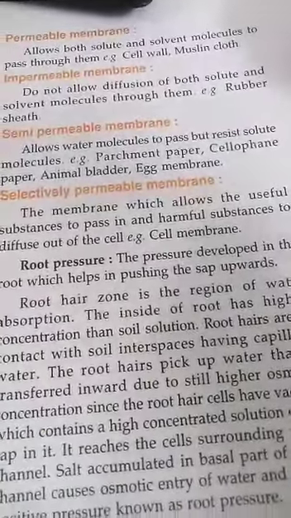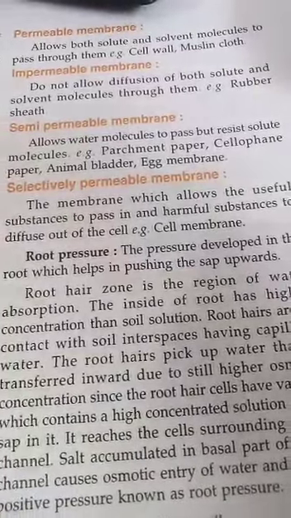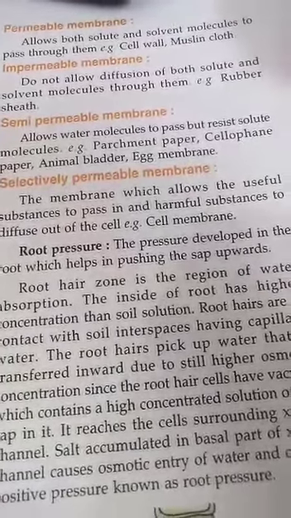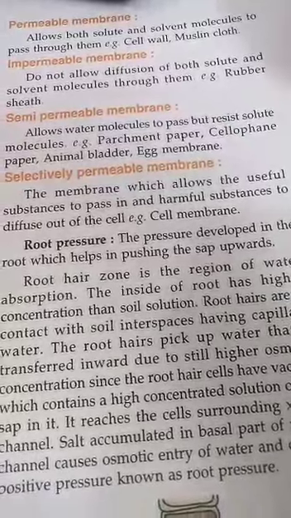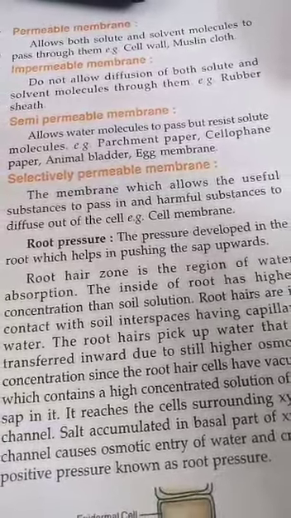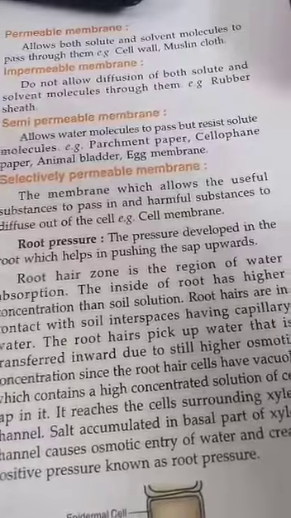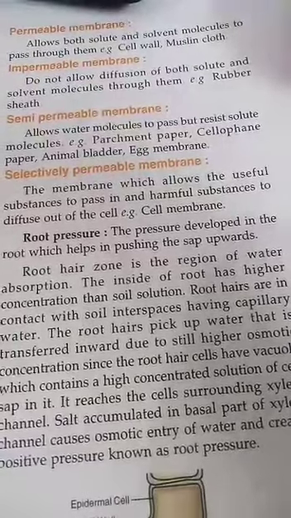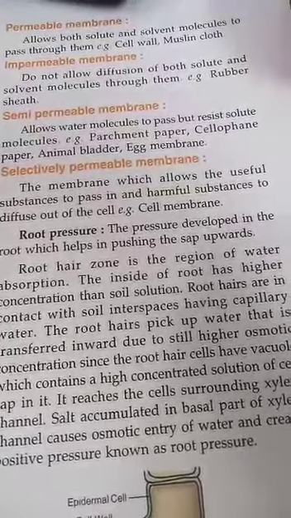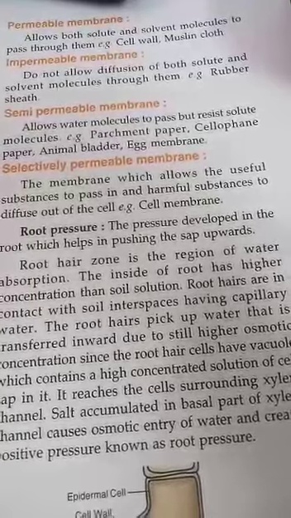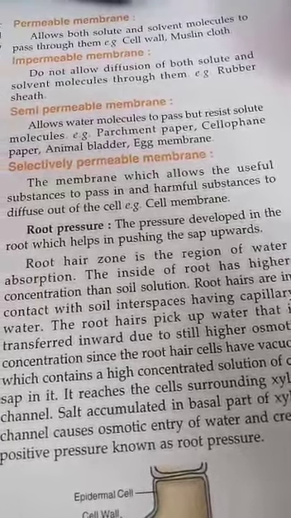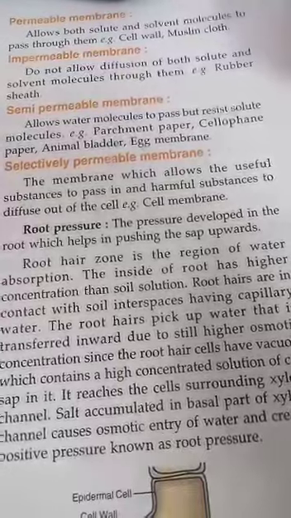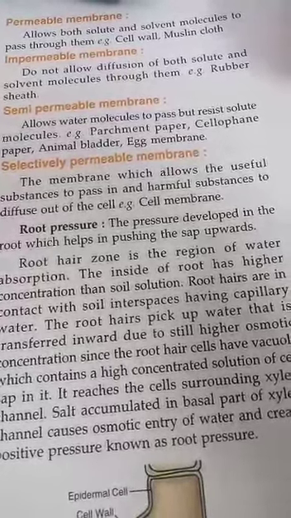Semi-permeable allows only water molecules to pass, such as cellophane paper, animal bladder, egg membrane. And what is a selective permeable membrane? A selective permeable membrane does not allow harmful substances, and it allows only the useful substances to go in and out of the cell.